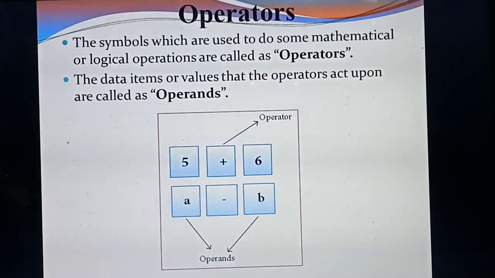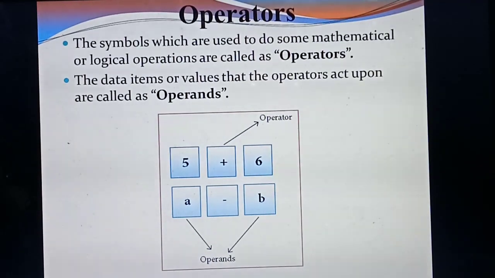Without specifying the values of a and b, simply putting plus, can you calculate the answer? No. So you should substitute values for the variables. The values that operators act on are called operands.